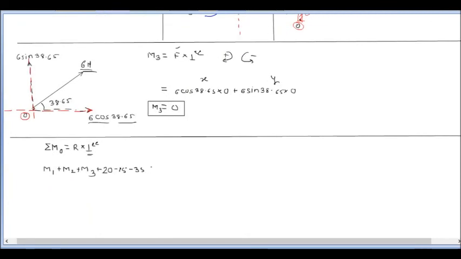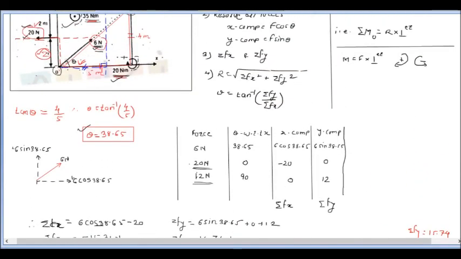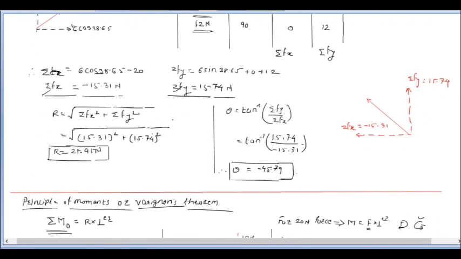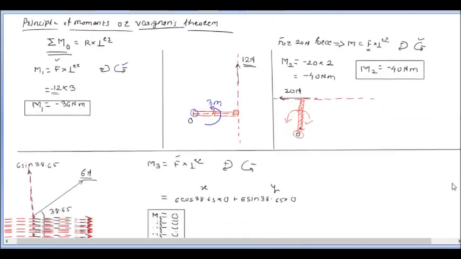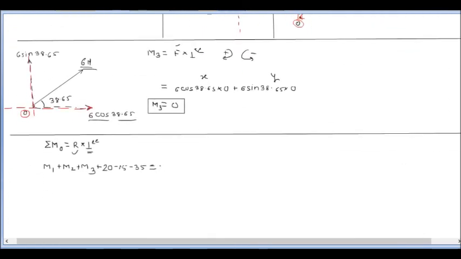So 20 minus 15 minus 35 is equal to R that we have calculated. What is the magnitude of R we have calculated? In our first session we calculated R as 21.95. So this is 21.95 multiplied by its perpendicular distance.